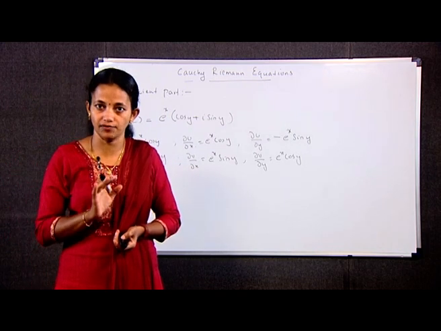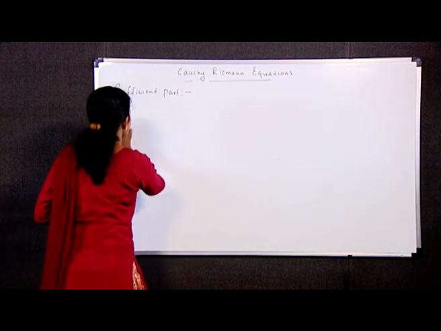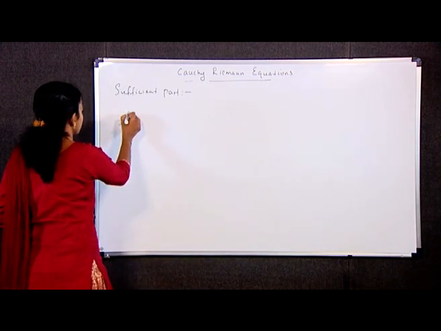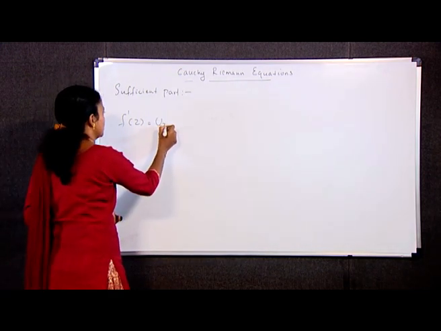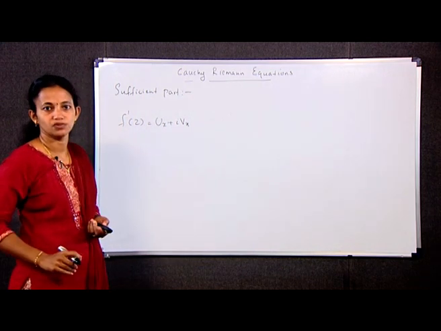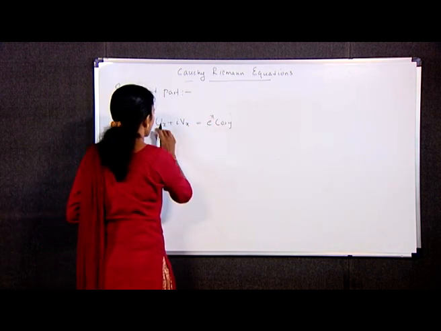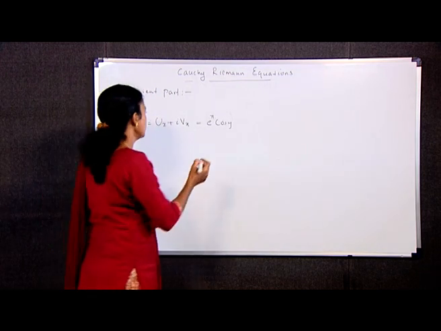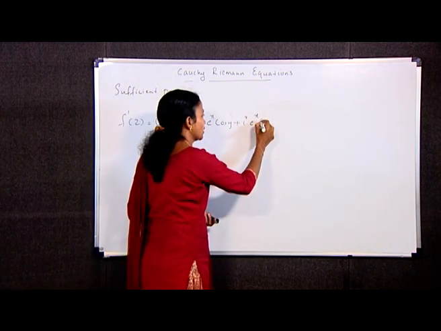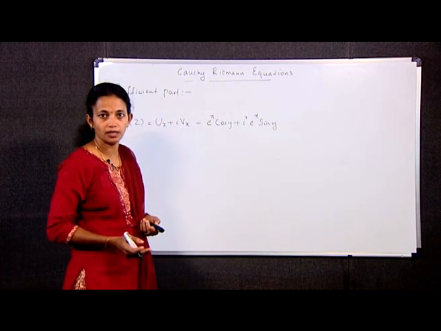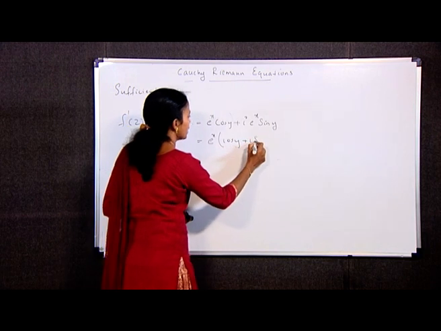Thus, f dash z exists everywhere, and using equation number 16 we can write f dash z is equal to ux plus i vx, which is equal to e raised to x into cos y plus i into e raised to x into sin y, which is equal to e raised to x into cos y plus i sin y.